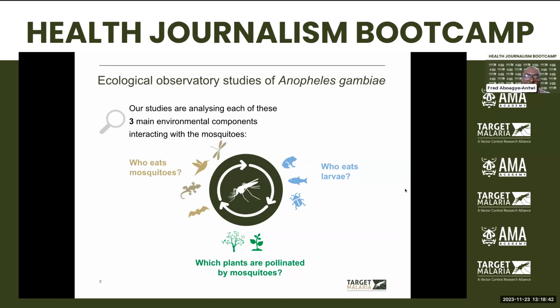Do we have other insects that feed on the mosquitoes? Do we have lizards or bats that feed on the mosquitoes? And in the aquatic environment where the young ones are, do we also have other organisms that are feeding on the mosquitoes? And how do they interact with these organisms and other organisms within that environment?